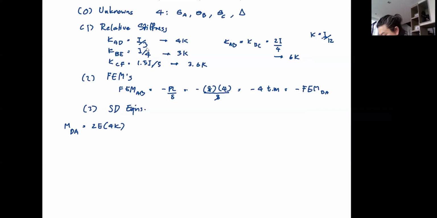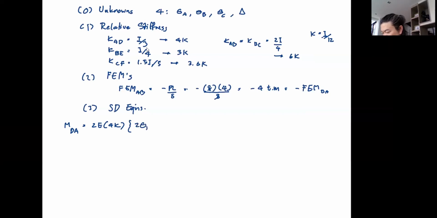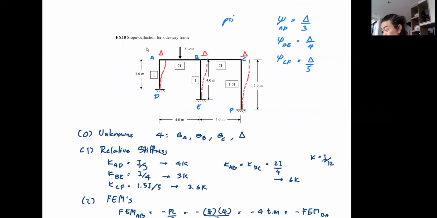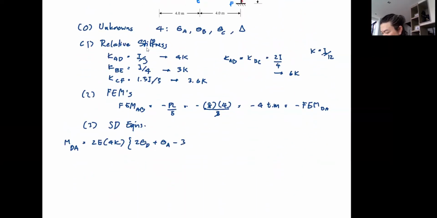I can save some time by saying that my theta D is equal to 0. Do I have to write that? Well, let's do it for the first ones so that you know. You have 2 theta D plus theta A minus 3 psi, and psi this time, you see, psi AD is delta over 3. Okay, and now this guy, theta D is 0.